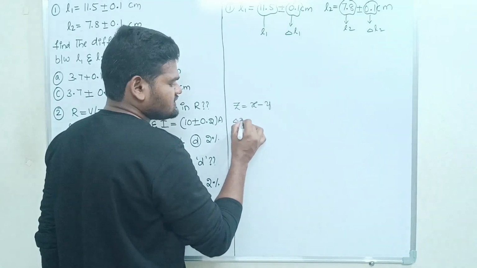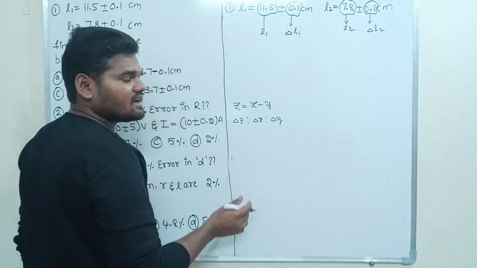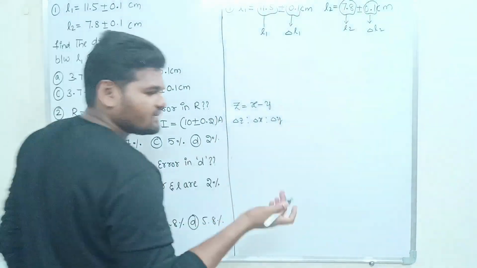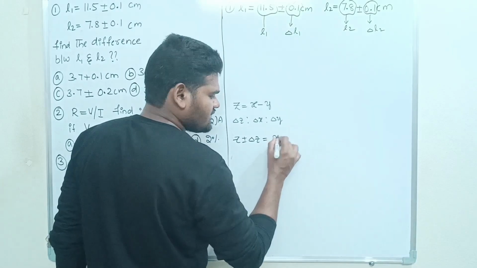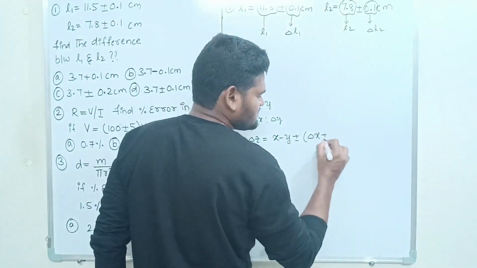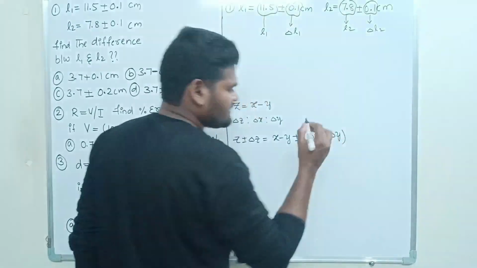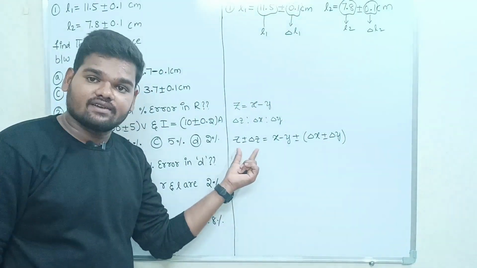Delta x, delta y, delta z are the absolute errors in x, y, z. So z plus or minus delta z is equal to x minus y plus or minus delta x plus or minus delta y. This is the combination of errors in case of subtraction.